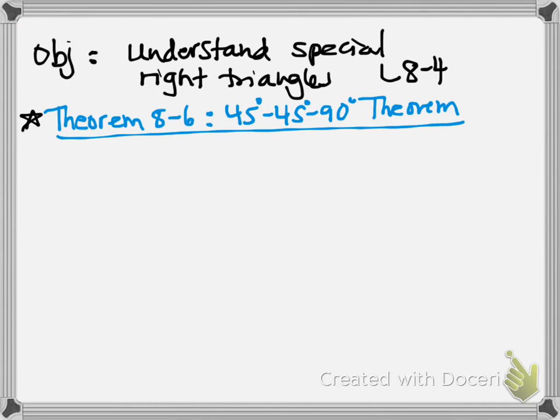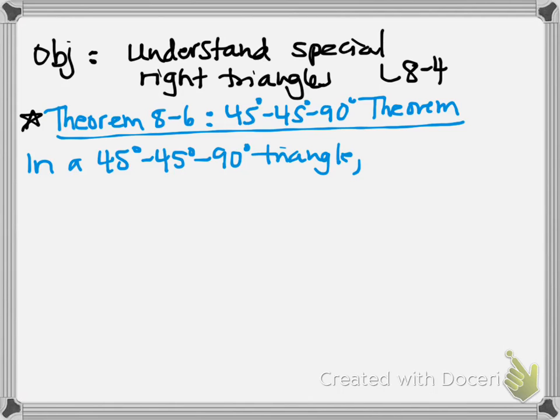Okay, so this says in a 45 degree, 45 degree, 90 degree triangle, so if your triangle's angles have these exact measurements, the hypotenuse is radical 2 times as long as a leg.